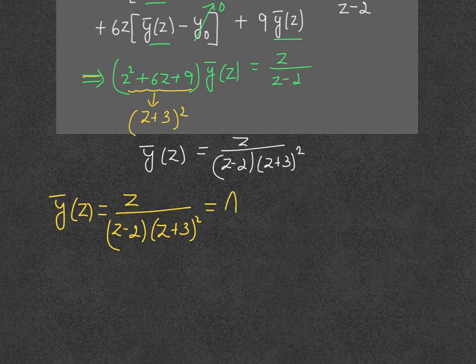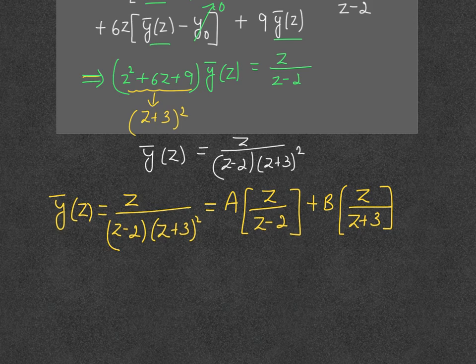I'll resolve into partial fractions. A: the first factor is z minus 2, the corresponding term in the numerator is z. Next I'll take b: since we have z plus 3 whole square, first I'll take z plus 3, and the corresponding term in the numerator should be z.